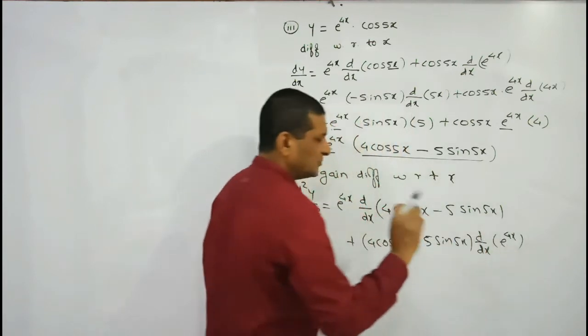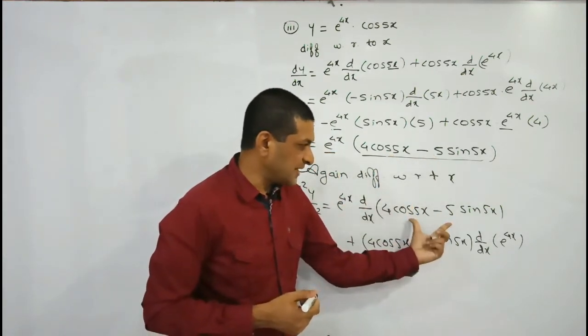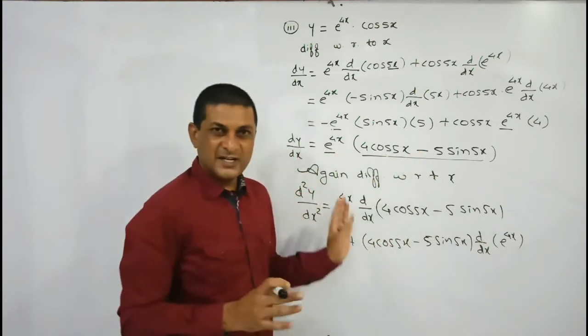Just simply we are applying product rule: first term as it is into differentiation of second term plus second term as it is into derivative of first term. So let us simplify it.